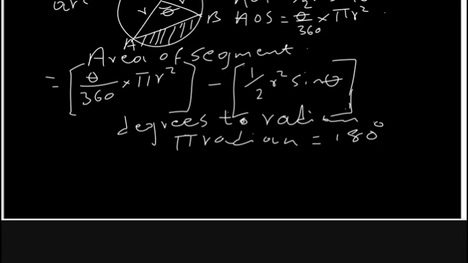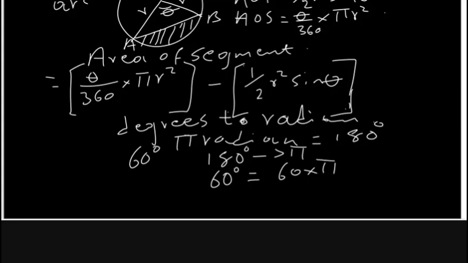For instance, if I want to convert 60 degrees to radians, all I need to do is that 180 degrees gives me pi radians. Then 60 degrees is going to give me 60 times pi, divided by 180 radians.